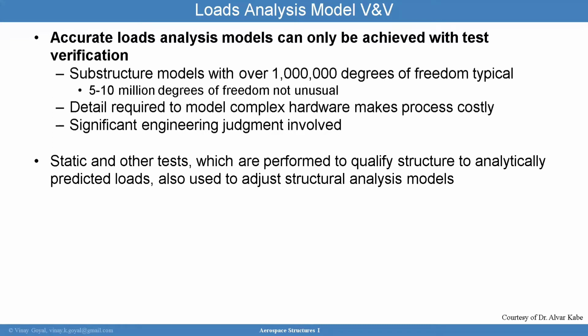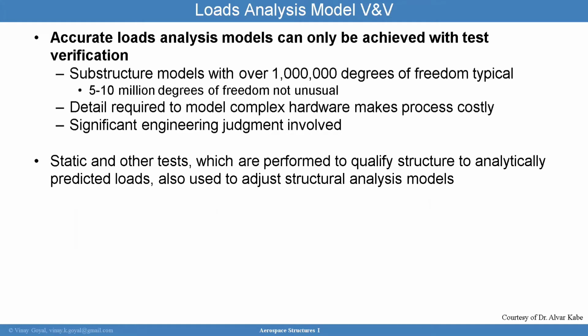A lot of engineering judgment is involved because you can't model every nut and bolt, but you also cannot ignore major details. So you have to really balance to make sure these dynamic models are sufficient, not overkill, but also not ignoring too many details of importance.